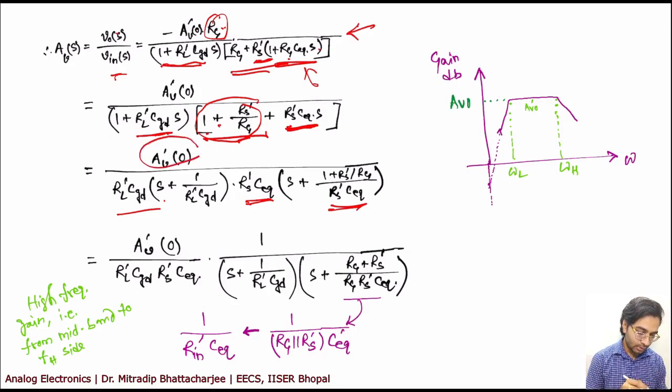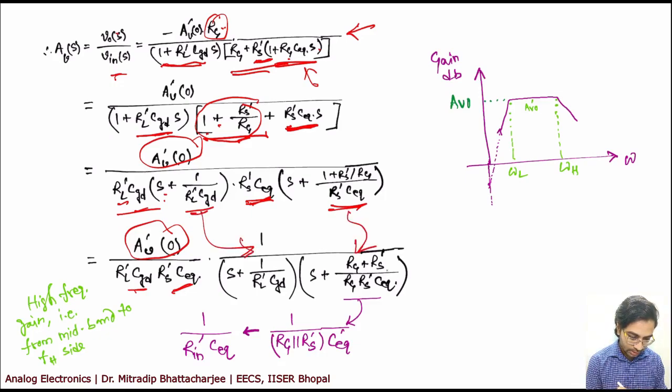So further, if you simplify, your Av0' has RL' CGD, Rs' CEQ, and then S plus 1 divided by RL' CGD over here, and this term over here.